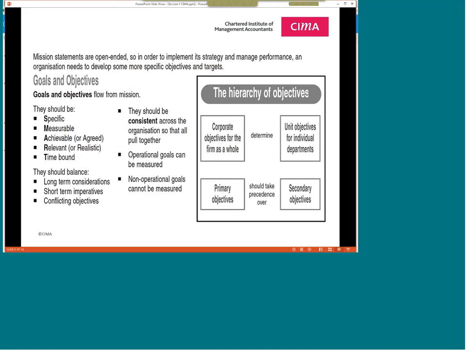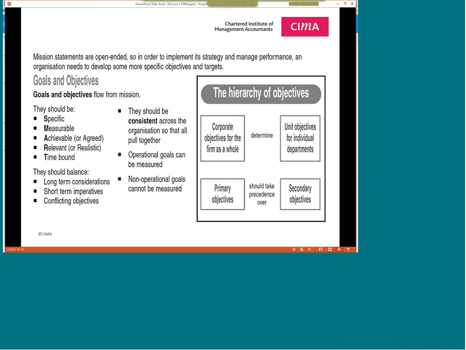So you add more achievable, measurable things to your goals and objectives to achieve the mission. Yeah, so they have to be SMART: specific, measurable, achievable, realistic, and time bound. But what we need to take into consideration are key stakeholders.